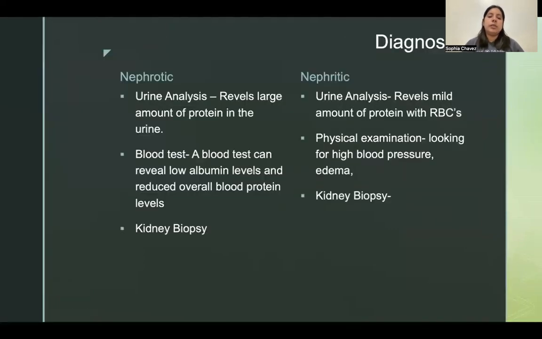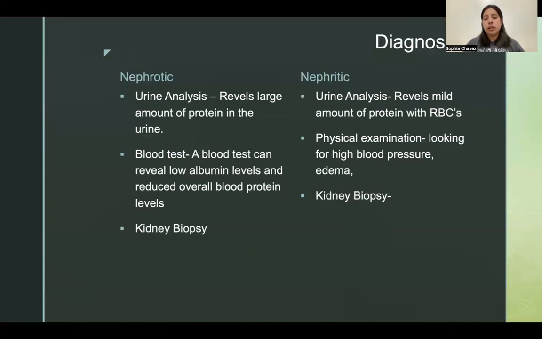As for diagnosis, the urine analysis. For diagnosis in nephrotic, urine analysis reveals a large amount of protein in the urine. A blood test can reveal low albumin levels and reduced overall blood protein levels, and then you can also do a kidney biopsy.